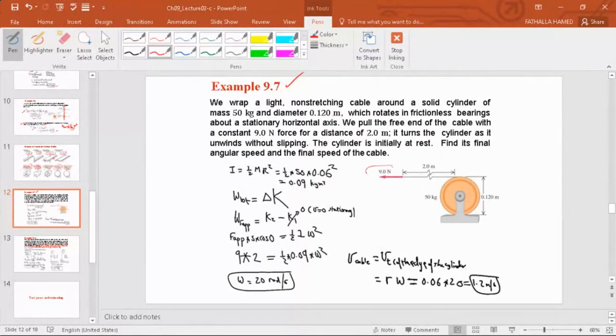So you're pulling with 9 Newtons for a distance of 2 meters. The mass is 50, and they give you the diameter here, so you can get the radius, r, which is 0.12 divided by 2, which equals 0.06 meters. That's your radius now.